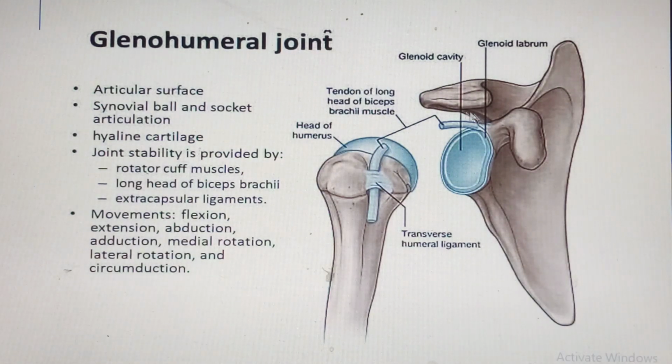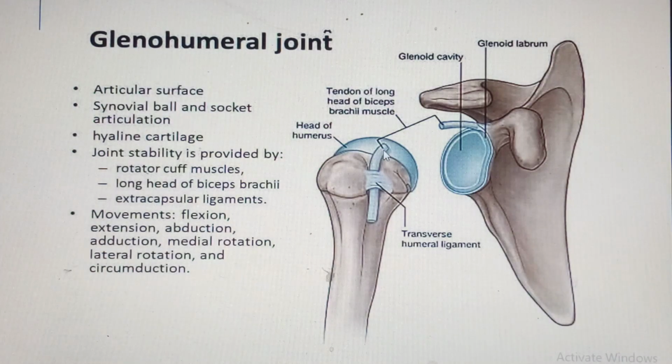Now, because it's a ball and socket joint, and a synovial joint, it makes sense that there will be a joint capsule reinforcing this. The outer fibrous component of the joint capsule will be a very important component to help in the stability of this joint. So that is one thing that you should know.